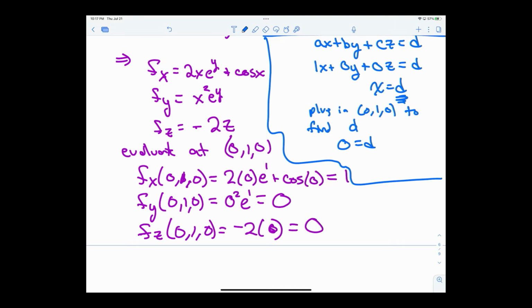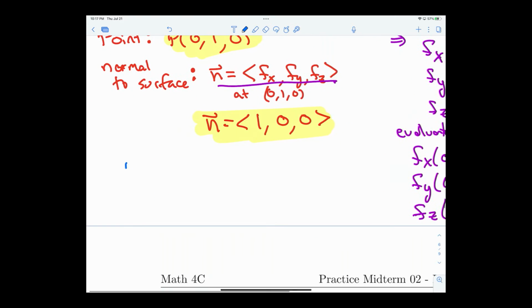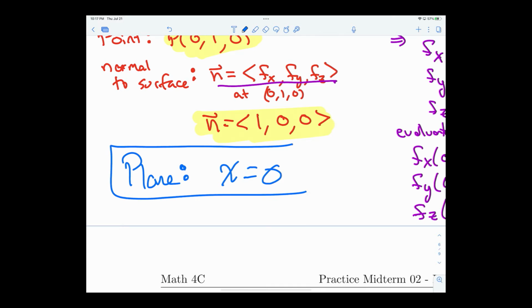That means that our plane should simply be this formula with d equals 0 plugged in. So our plane looks like it's just x equals 0.